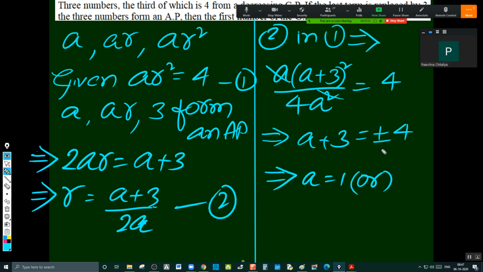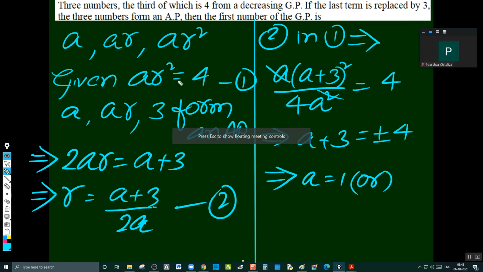Or we should be taking 3, right, instead of 4. Because for that value it will hold true, the given AP formula. We should be taking AR square equals 3, right, instead of 4. Because for AR square equals 3 it can hold true, three numbers, the third of which is 4 given, no?